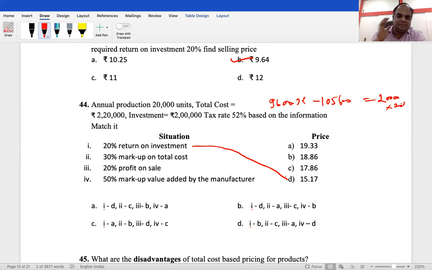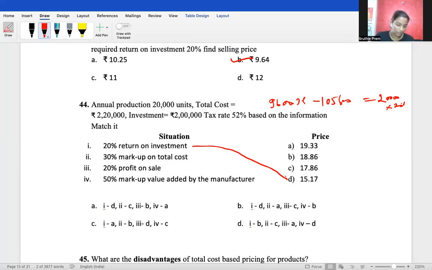Similarly, second case: 9,600 X minus 105,600 should equal 30% on 2,20,000. Am I right? Total cost is what they have given.